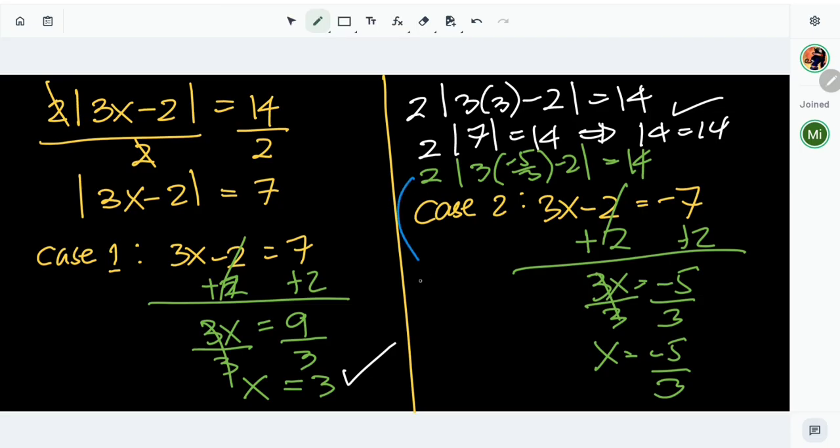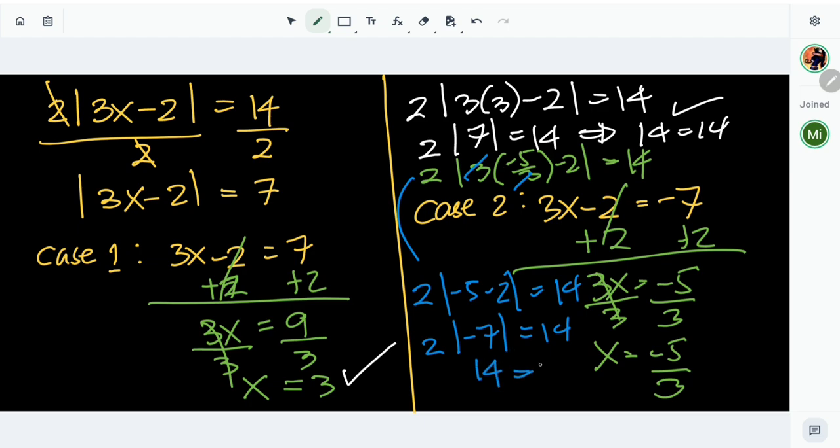So this is 2. This cancels out. Absolute value of negative 5 minus 2 equals 14. 2 times the absolute value of negative 7, 14. Absolute value of negative 7 is 7. Then 7 times 2 is 14 equals 14. That means negative 5 over 3 is a solution.